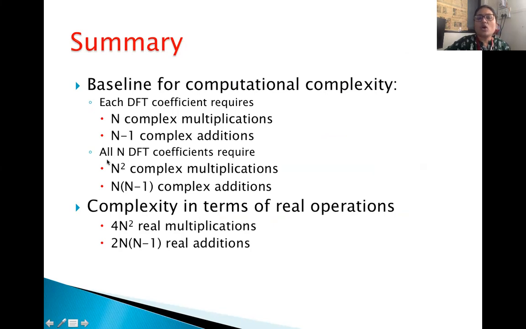So for all n point DFT computations we require n square, n into n multiplications, as I have shown you. For n number of DFT computations, we need n by n multiplications and n into n minus 1 complex additions. So this complexity is more.